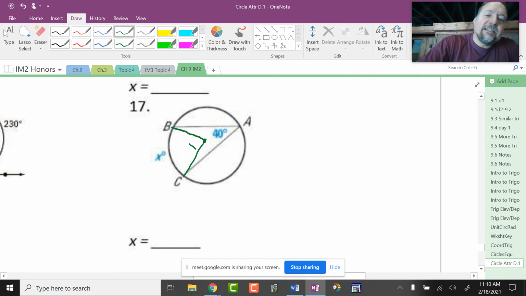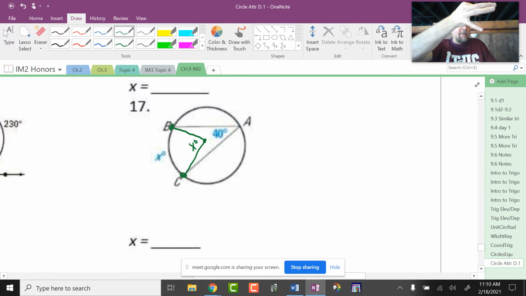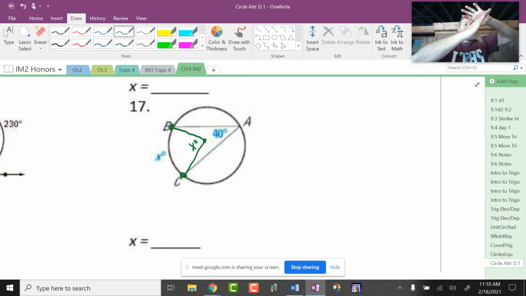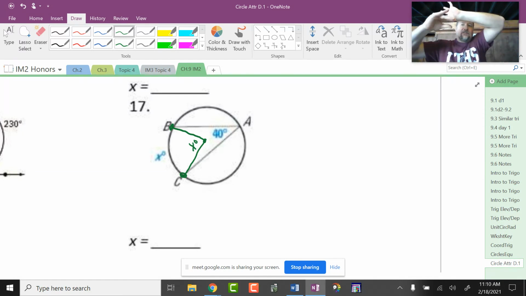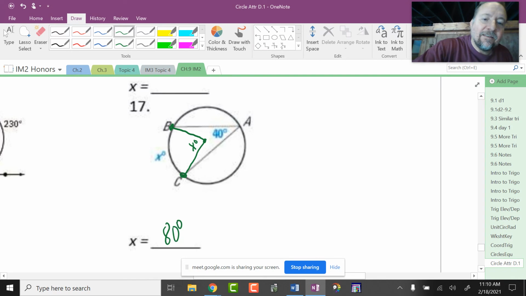Remember that this is equal. So that would be X if this was a central angle. And again, I cannot overemphasize the rubber band thing. Say I took that vertex and I pulled it back to A. Well, then the central angle closes and gets smaller. So actually 80 is correct.